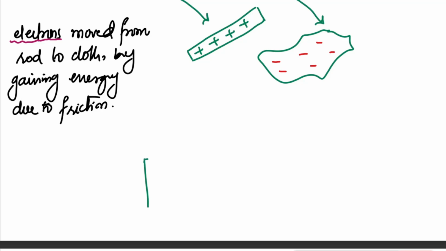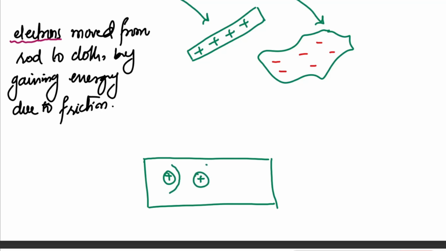So for example, if this is an object in front of us, it is made out of a fixed positive nucleus and of course an orbiting electron, like this.